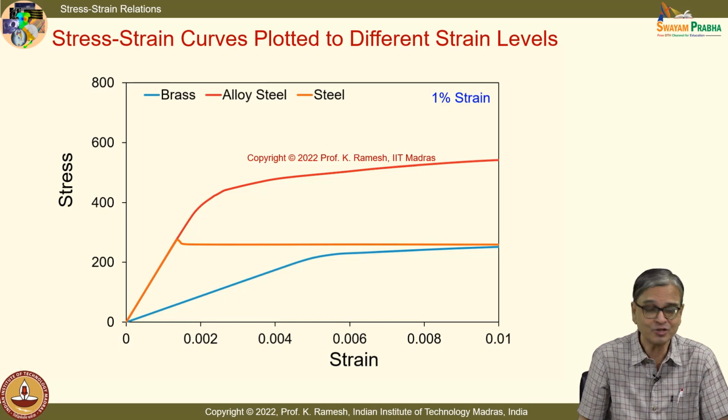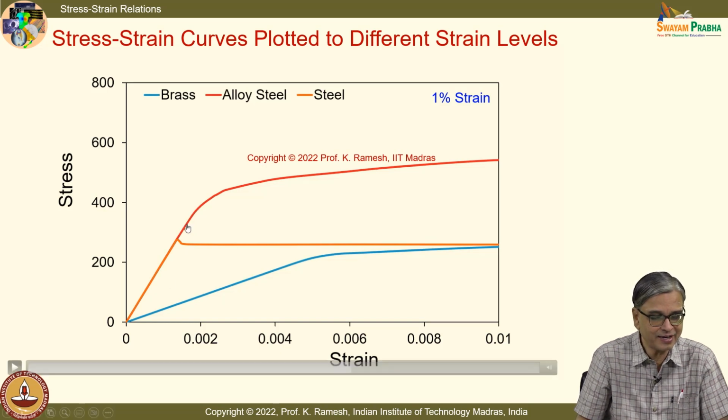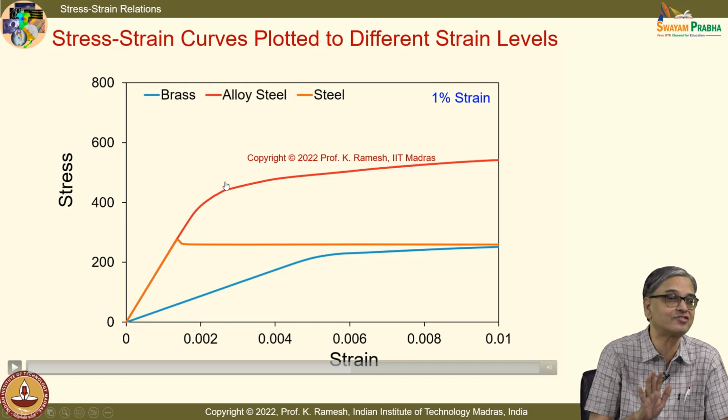Why? Because we have seen when I have a stress strain graph which is not having a clear demarcation of the yield strength, I have to draw a line parallel to this initial slope from 0.02 and then find out what is the point it touches and find out what is the corresponding value as yield strength.